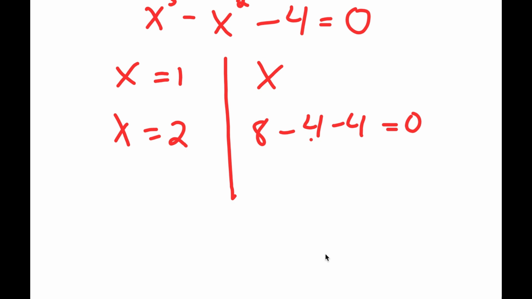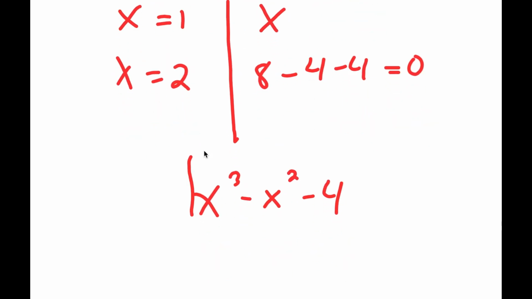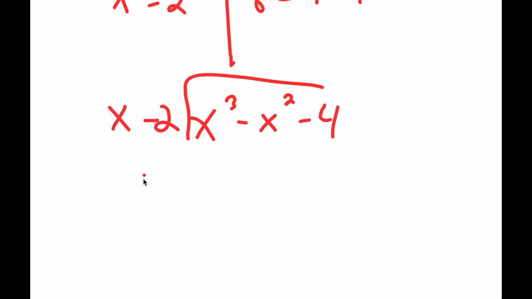So now using x equals 2, I can divide with this. So I have x to the power of 3 minus x squared minus 4 divided by x minus 2. And then this results in x squared plus x plus 2.